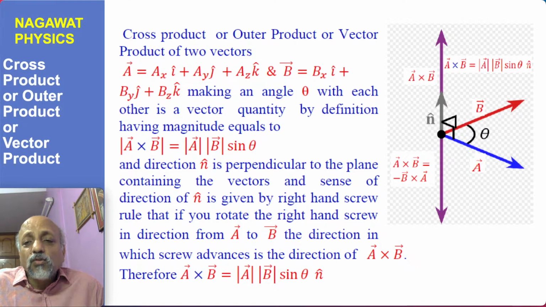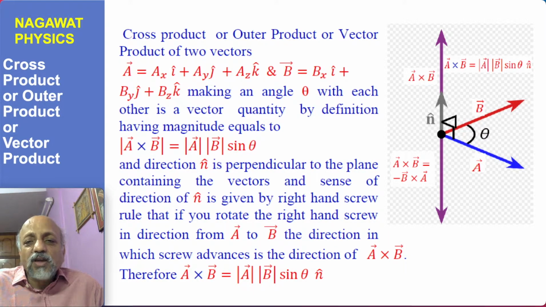And so we say that the direction of A cross B will be perpendicular to the plane in which both A and B lie. If there are two vectors, they definitely lie in a plane, and the direction of A cross B would be perpendicular to that particular plane, which has two senses of direction.